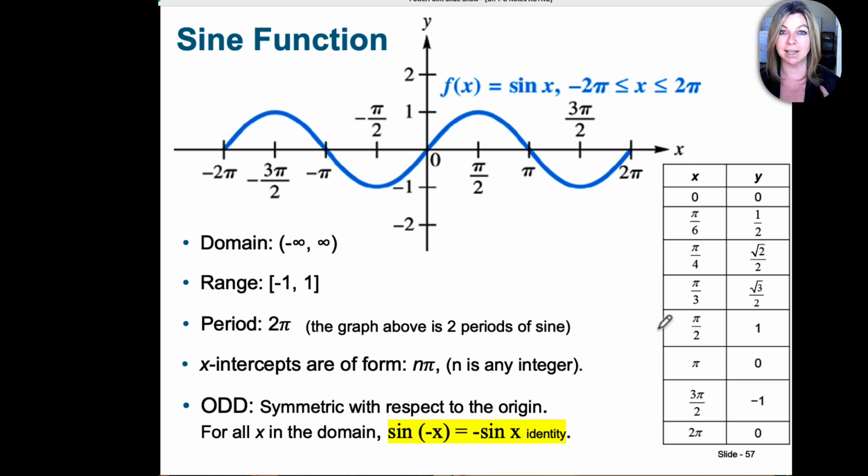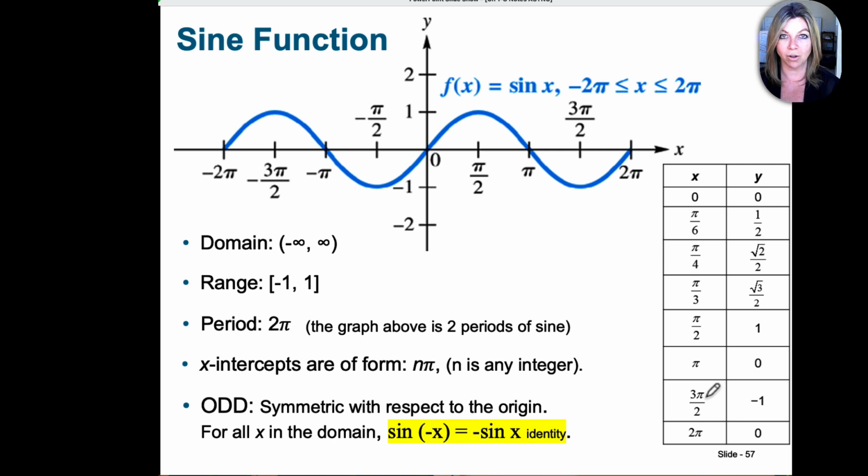That would have been 90 degrees if we're talking theta, but in radians, that'd be pi over 2. And at pi over 2, sine has a value of 1. Next quadrantal angle would be theta equals 180 degrees, or here, pi radians. At pi radians, sine has a value of 0.